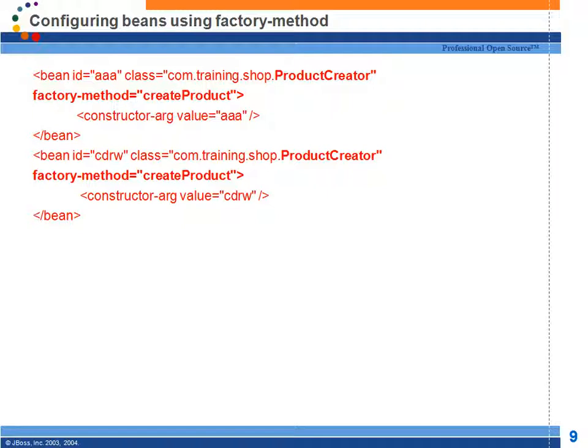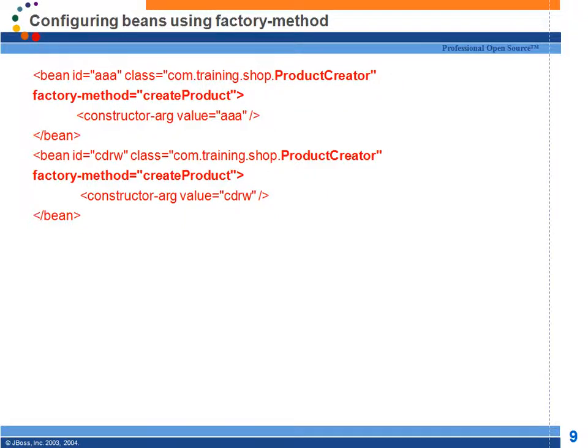Factory method is equal to createProduct, and for this createProduct a parameter has to be passed. You are passing it through constructor-arg. It does not necessarily mean that it has to be passed to a constructor only. The arguments which are used for initializing are called constructor-arg. So this is a way of configuring a bean by using a factory method.